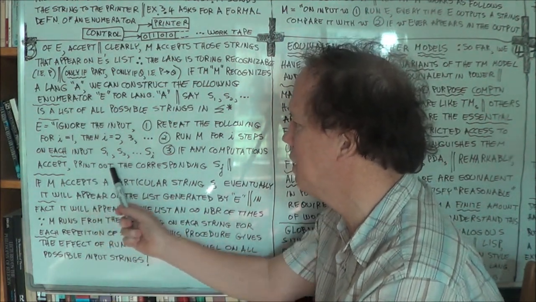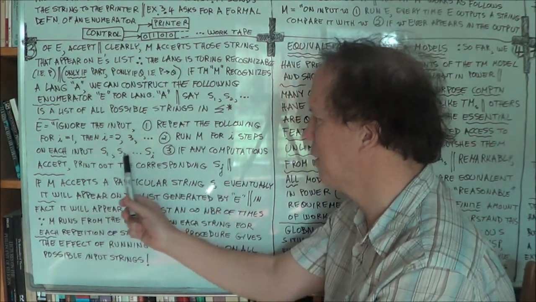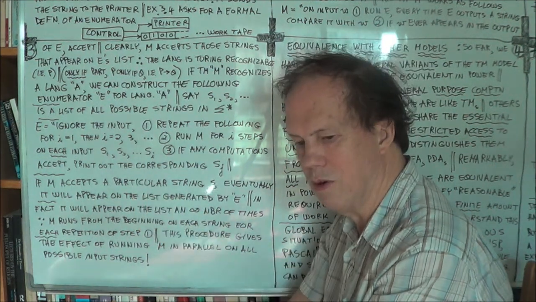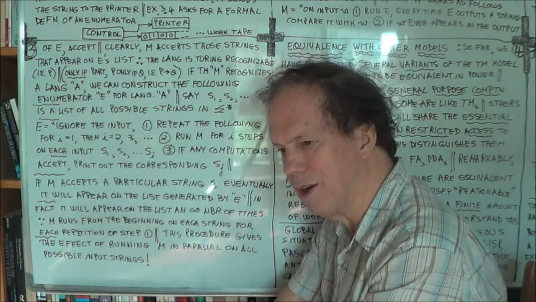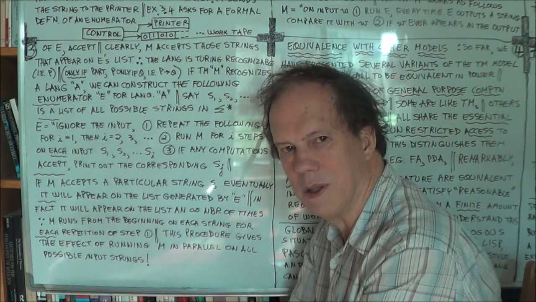Then you have the machine E will print out that string. Let's say there's some string in here, call it SJ, that the Turing machine M accepts. E will then print it out. So design your E so that it does that.